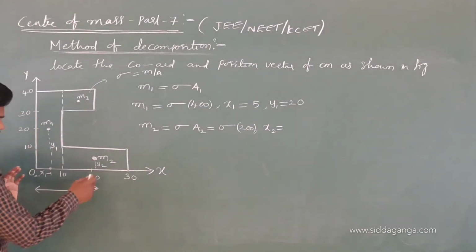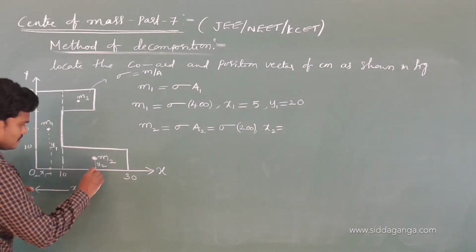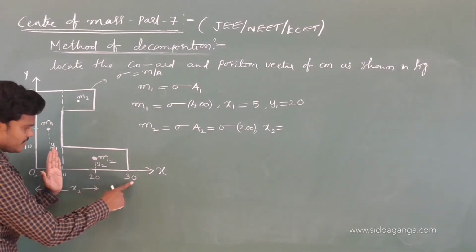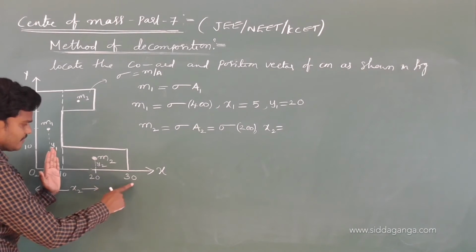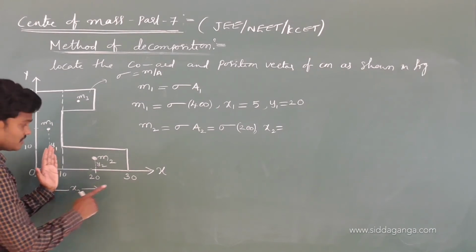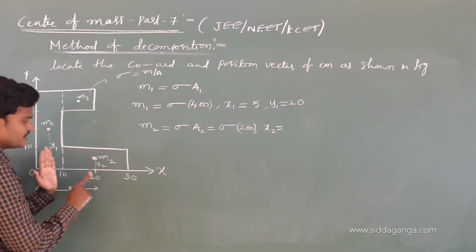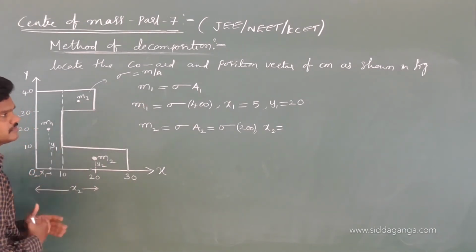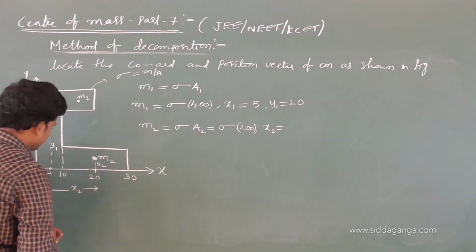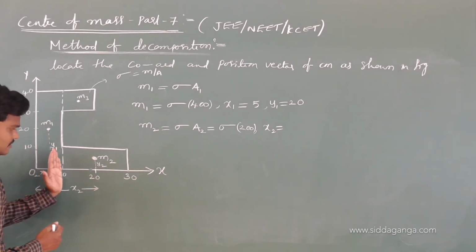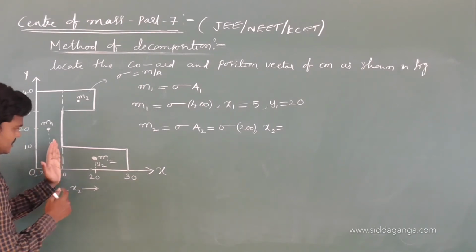See, the starting value of this piece is 10 and the ending value is 30. Then how much is it? 10 plus 30, 40, 40 by 2, 20. So x2 is 20. Or otherwise, in one more way: just take this piece.